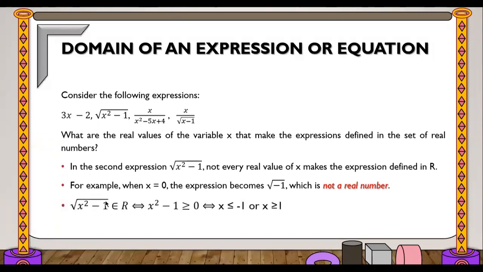That's why the square root of x squared minus 1 is a real number if and only if the value of x squared minus 1 is greater than or equal to 0. That's why x must be less than or equal to -1, or x must be greater than or equal to 1.